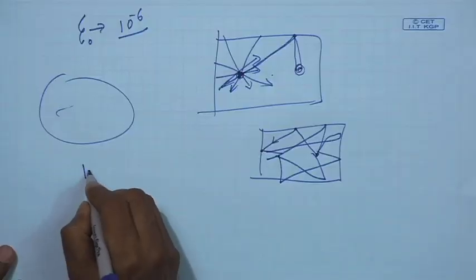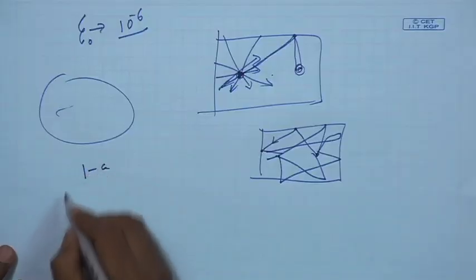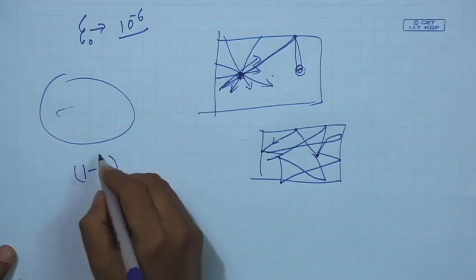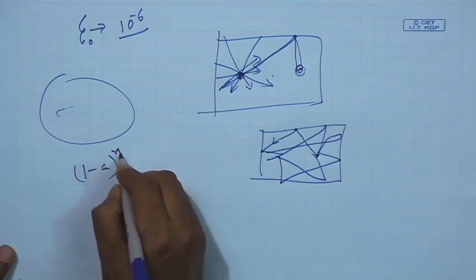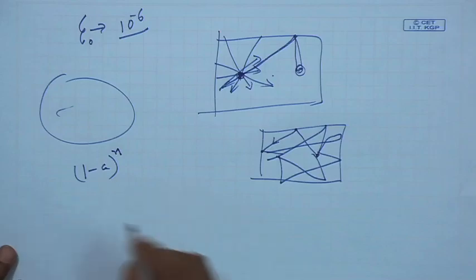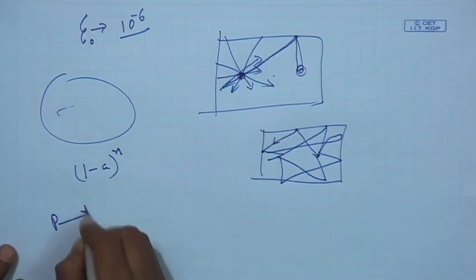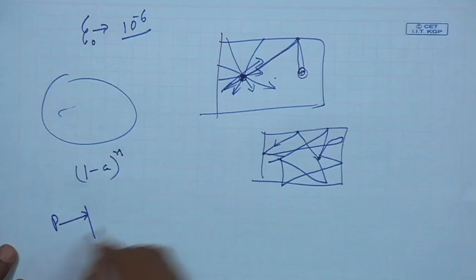So, every time the ray strikes the wall, the absorption coefficient is A. So, 1 minus A will be reflected. So, if it falls on the wall n times, it will be to the power n. So, you have understood, let P be incident on the wall the first time. What is the reflected power?